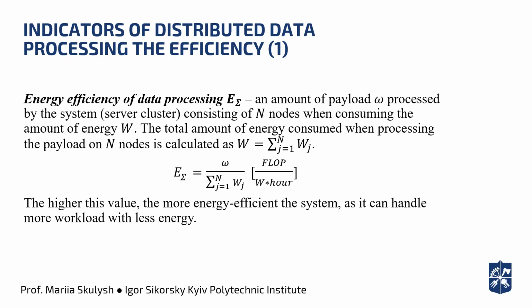For example, W amount of energy, consumption of N nodes, W energy, so it's something like this in summary. And so what part of the energy was used efficiently? So we use energy for real tasks, not just for working.